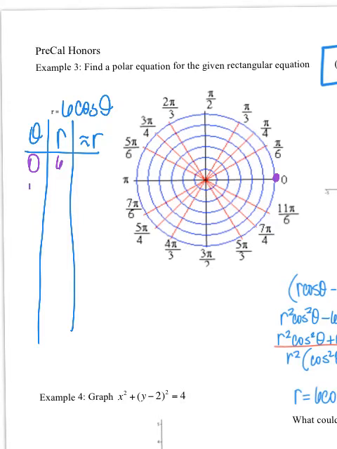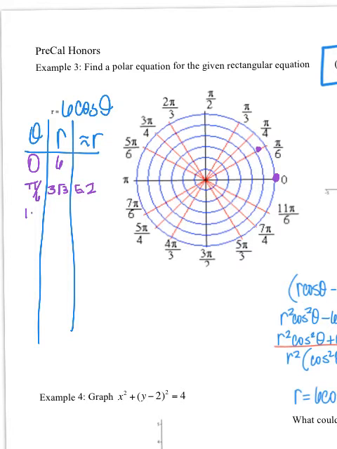If theta is pi over 6, the cosine at pi over 6 is root 3 over 2, so 6 times that would give us 3 root 3, which is about 5.2. So at the angle pi over 6, we're going to go out 1, 2, 3, 4, 5.2.